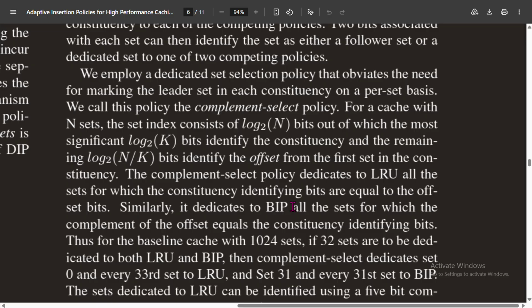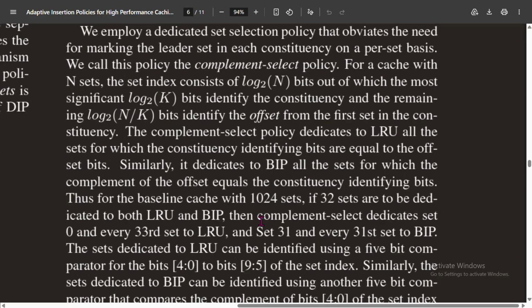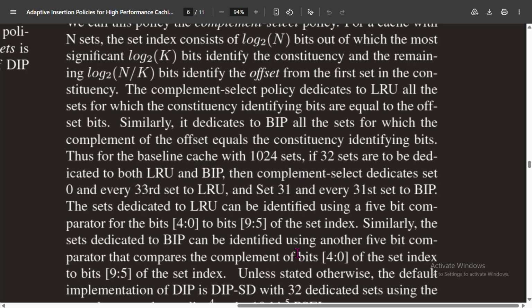Thus, for the baseline cache with 1024 sets, if 32 sets are to be dedicated to both LRU and BIP, then complement select dedicates set 0 and every 33rd set to LRU, and set 31 and every 31st set to BIP.